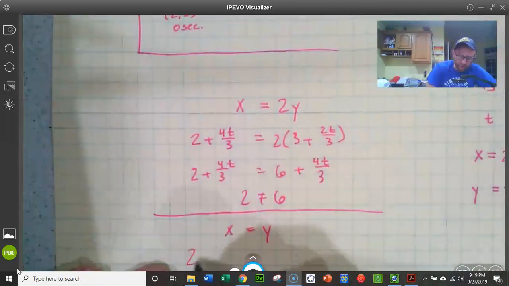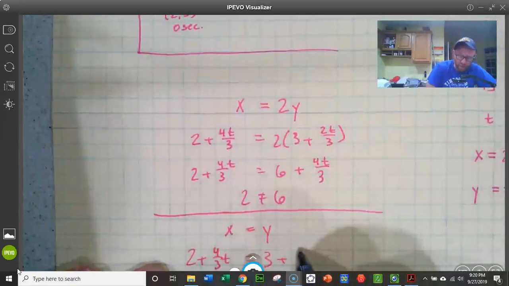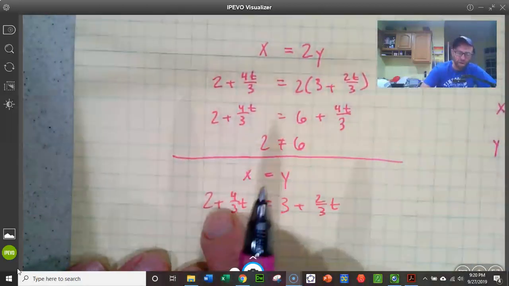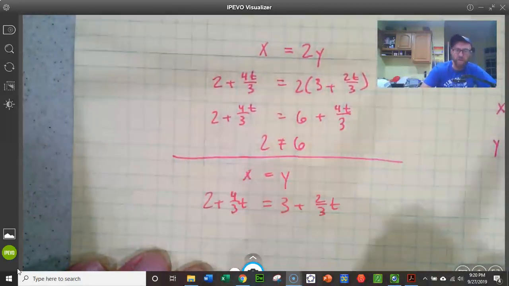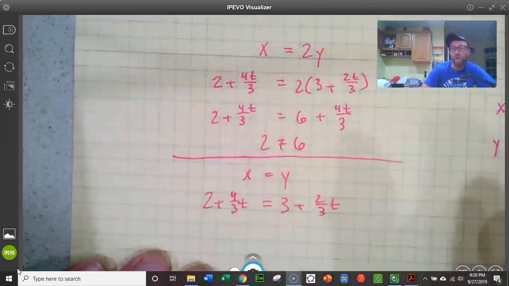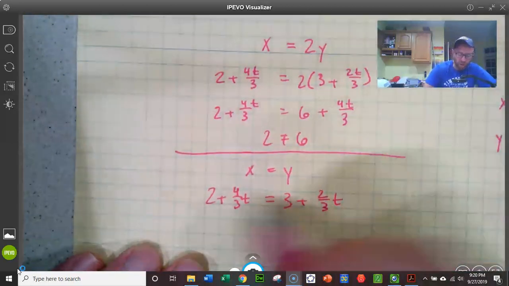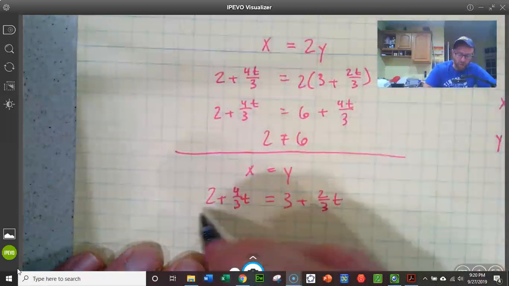So we've got 2 plus 4/3 t equals 3 plus 2/3 t. So we're substituting this expression for x, that expression for y. We're looking for a place where the x and y coordinates are the same, meaning it's the same distance from both axes.